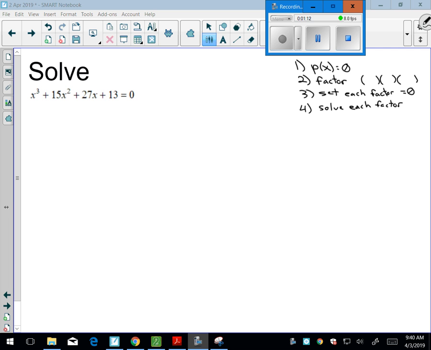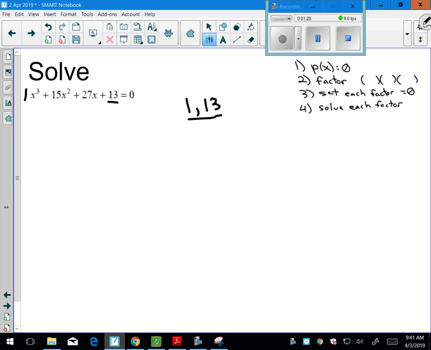So if I'm going to try and factor this polynomial, I want to go back to the rational root theorem, which says that I look at the factors of the constant, which are 1 and 13, and the factors of the leading coefficient, which is 1, and I take a look at all possibilities. So 1 divided by 1, I have plus or minus 1, and 13 divided by 1, I have plus or minus 13. I look at all of those possibilities to help me determine what the factors are.